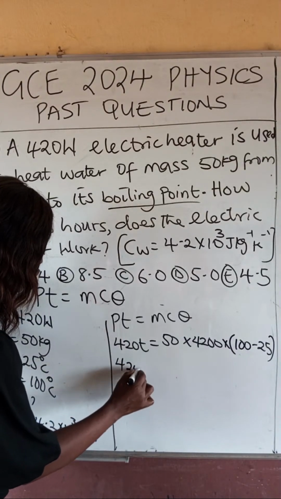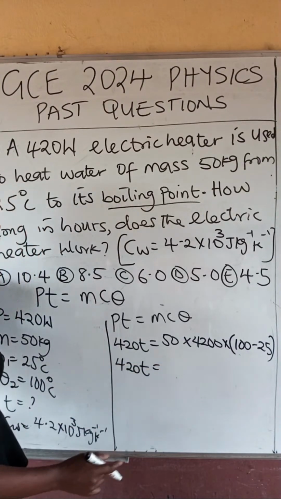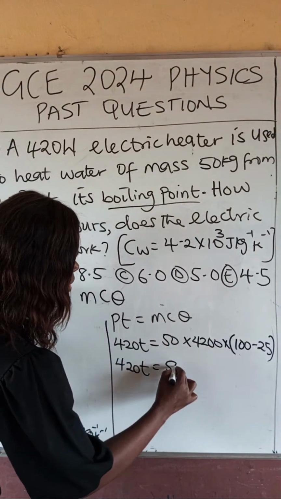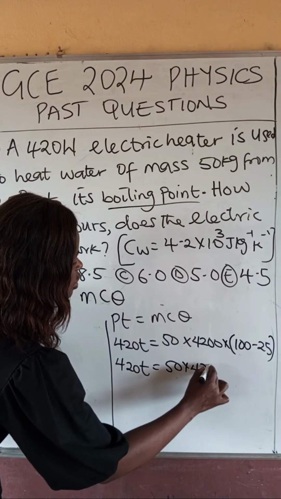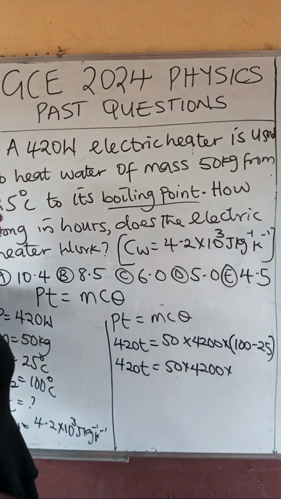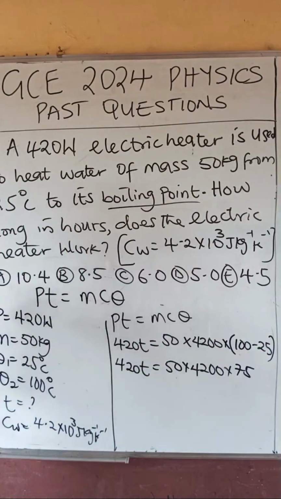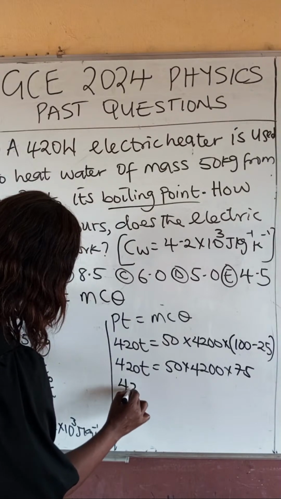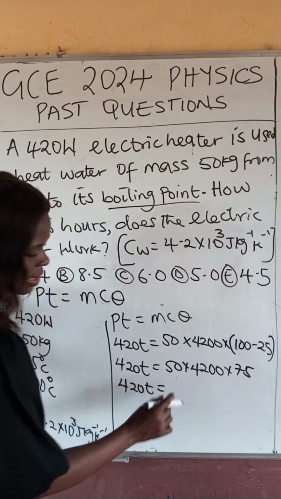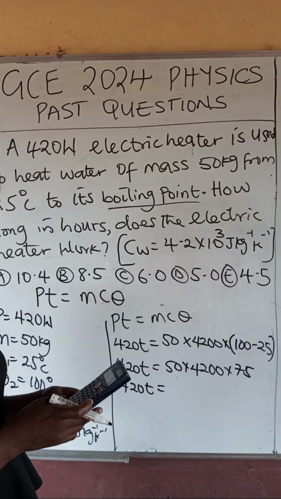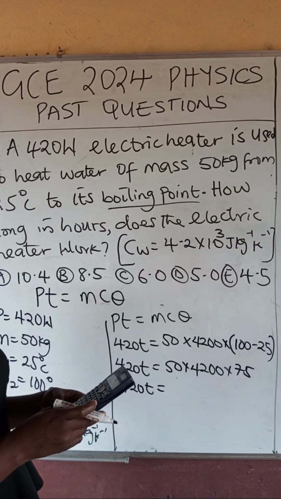So let's work it out. I have 420 T is equal to, right? Let's work it out. This is 50 times 4,200 multiplied by 75, right? Okay, let me multiply to see what I have. I bring down 420 T. Then I go 50 multiplied by 4,200.